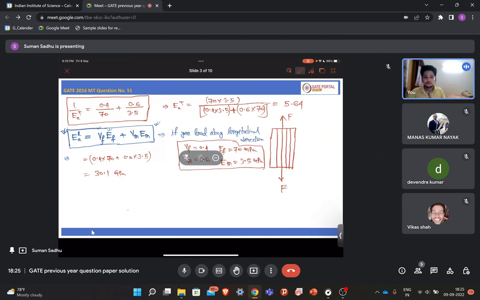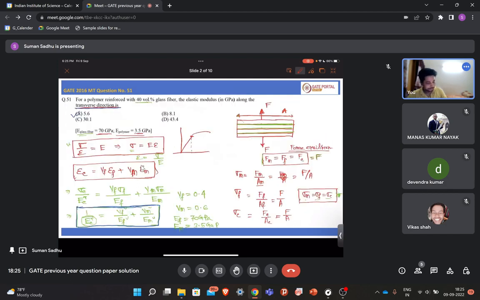So if you load along the longitudinal direction, that means if you load like this, then your elastic modulus is 30.1 gigapascal. But if you load in the transverse direction, like this one, then your elastic modulus in the transverse direction is how much you got? 5.6, right?